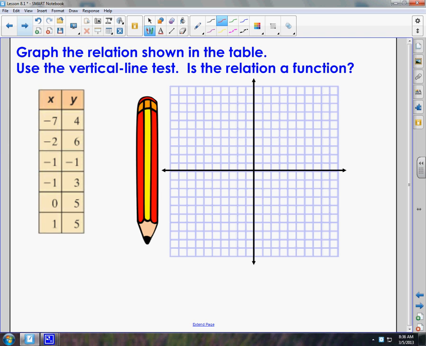All right, so I have -7, 4. -2, 6. -1, -1. -1, 3. 0, 5.